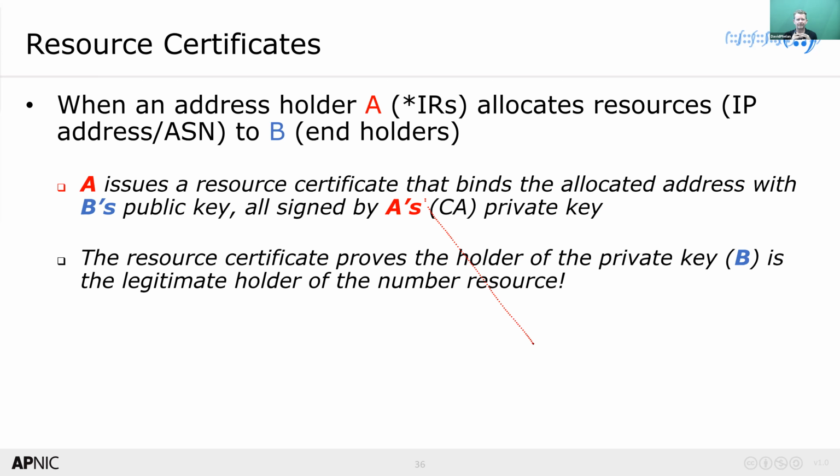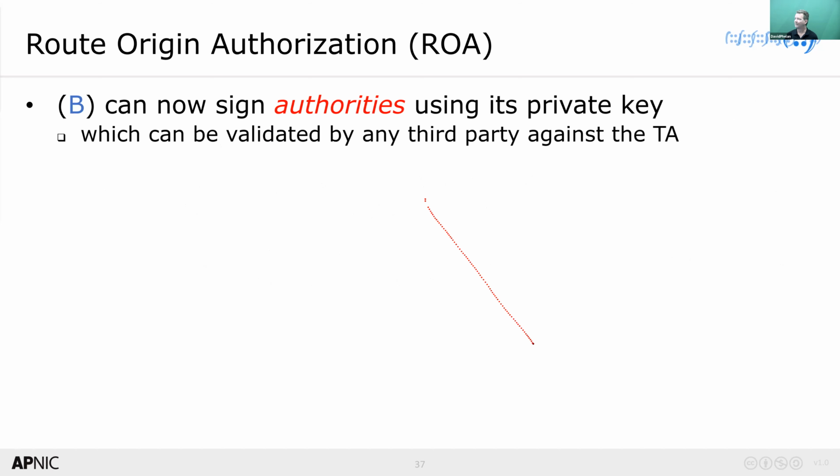So we can then use the public key to verify that that is actually correct. The resource certificate proves that the holder of the private key is the legitimate holder. So now party B can sign authorities using its private key, which can be validated against the trust anchor. Don't know why those dotted lines are there.